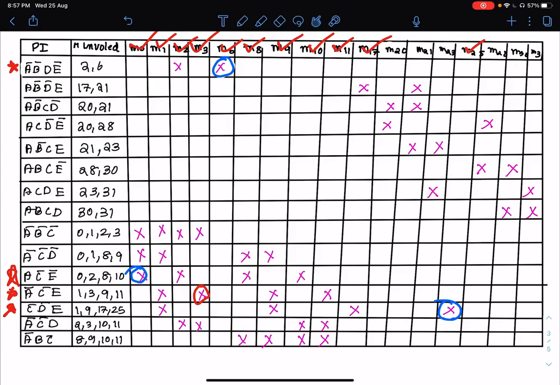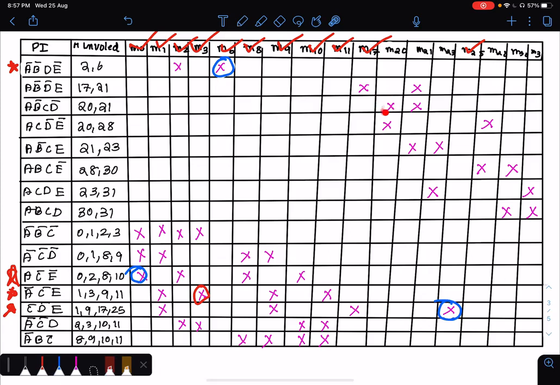Then the next one, M20, is not covered. For M20, there are two possibilities. This is a possibility, this is also a possibility. If I select the first one, 20 will be covered, 21 will be covered. If I select this one, 20 will be covered, 28 also will be covered additionally.